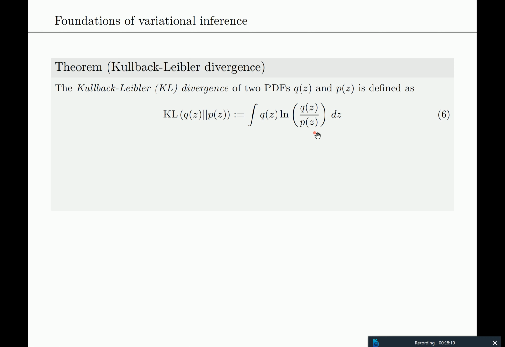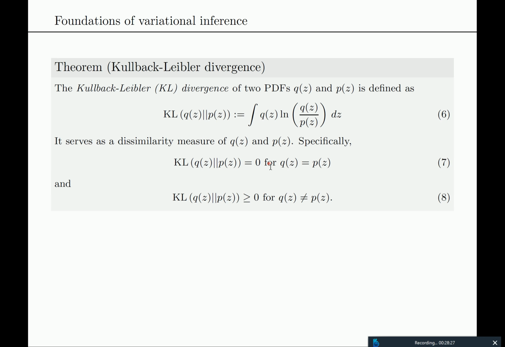So that's the same definition as before, and it's a basic measure of the divergence, or the dissimilarity, between these PDFs Q and P, in the sense that if the PDFs take on exactly the same values for all values z, then this dissimilarity is 0. They are not dissimilar, they are similar.